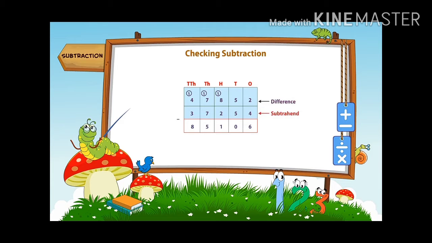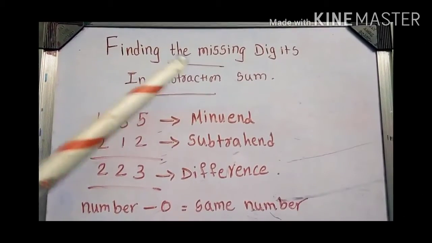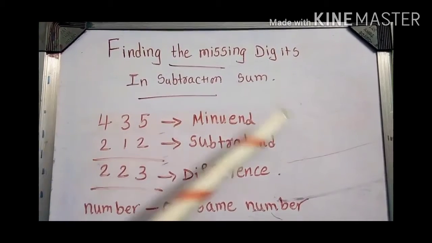If you add those two, you will get the sum. And difference and subtrahend, you will get the minuend. So by checking the subtractions, you can check it by the sum rules.